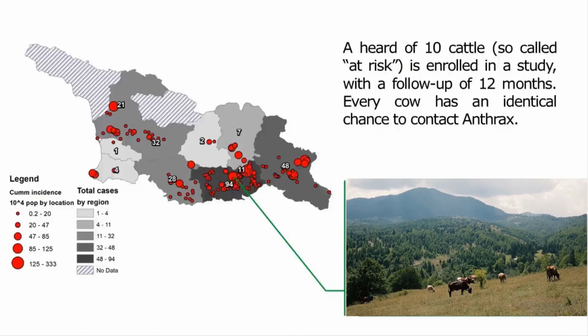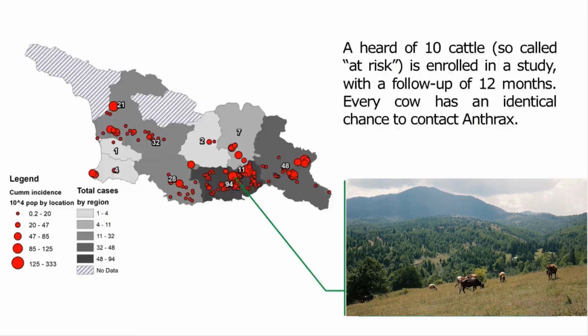However, we have to take into account that all animals are exposed to a contaminated pasture and have the same identical chance to contract anthrax. And we set this up in one of the southern districts with a high incidence of the disease, and we might experience many cases during the year.